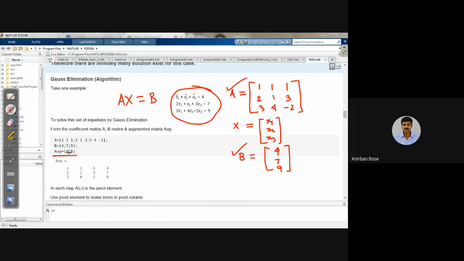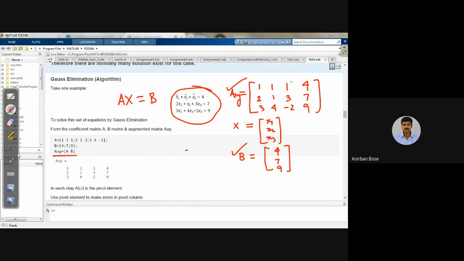Or you can write A comma B, it's all the same. The augmented matrix is nothing but one extra column containing 4, 7, 9, where this part is A and this part is B. I hope this part is clear.